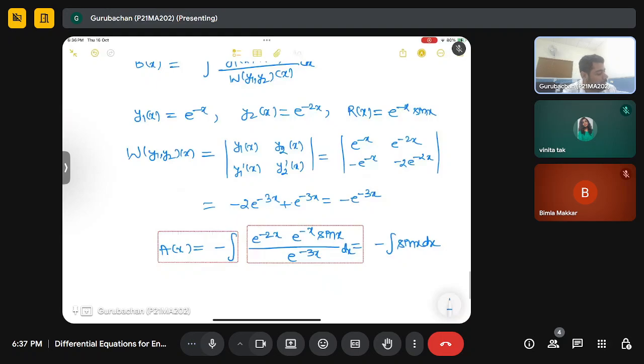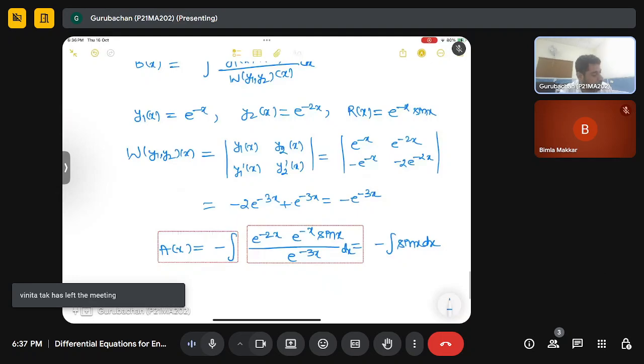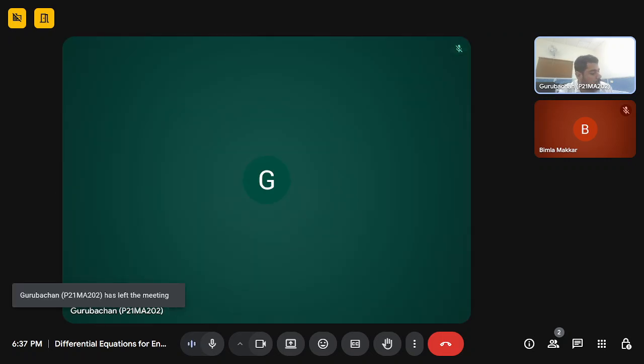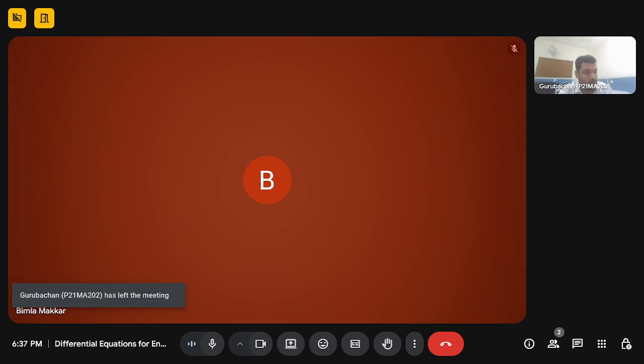So this will be e to the power x sin x dx. So we have to find this integral of e to the power x sin x. As per the Euler rule, we will choose sin x for the differentiation and e to the power x for the integration.